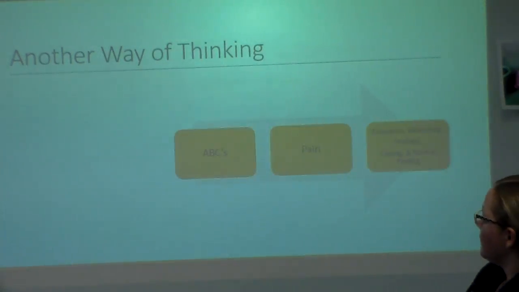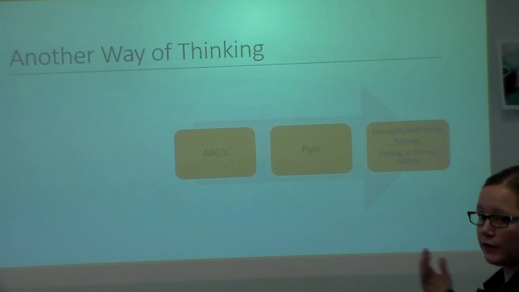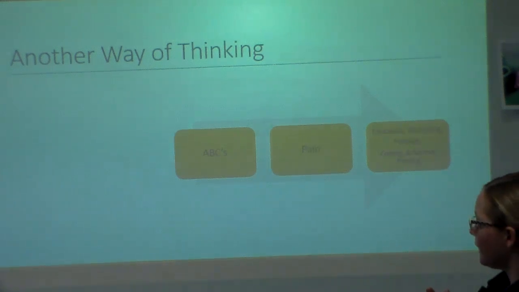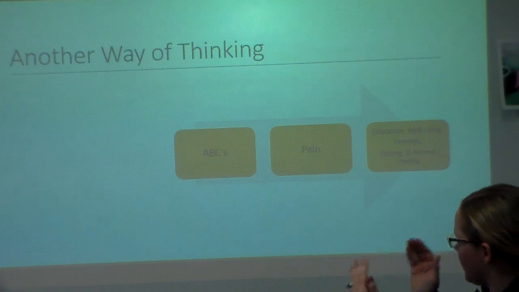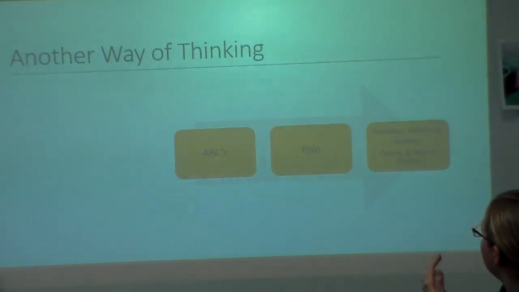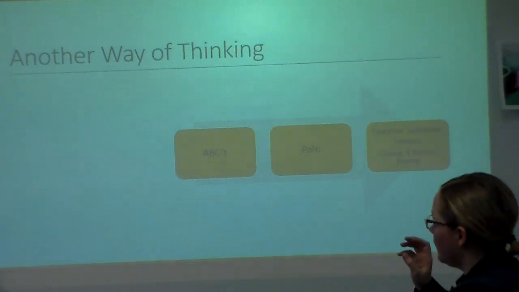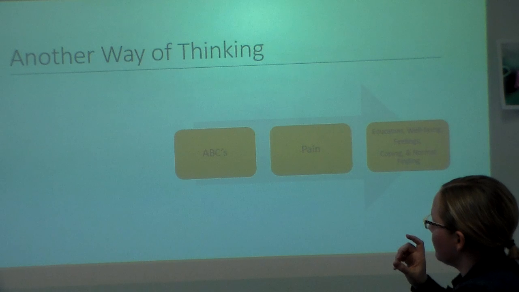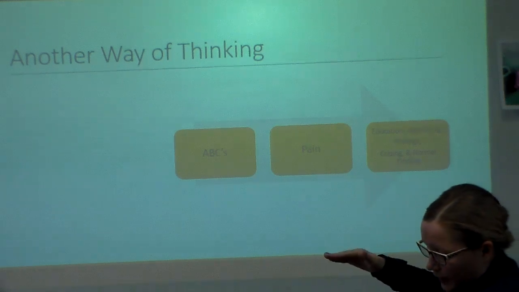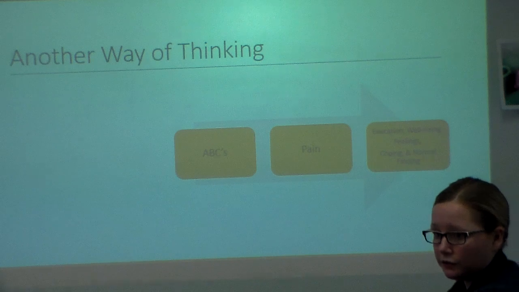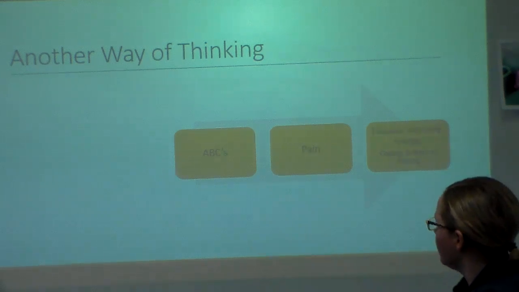In my first test taking presentation, I set up this scenario of priority. I have it categorized as ABCs, then pain, then education, well-being, feelings, coping, and normal findings. So in the original PowerPoint, let's say option A said your patient is short of breath. That's an airway breathing issue, so that would go in the farthest left category.